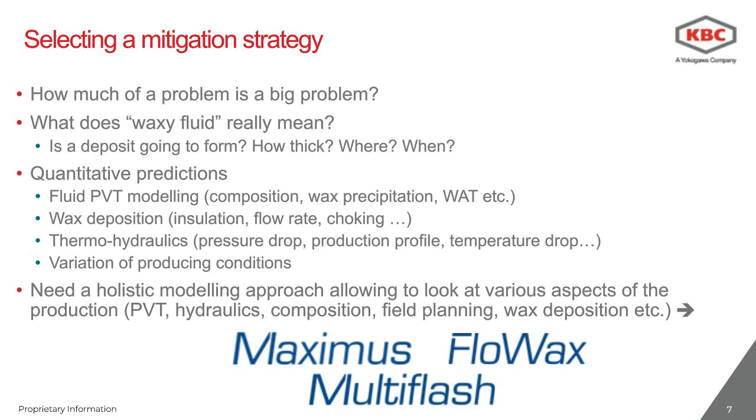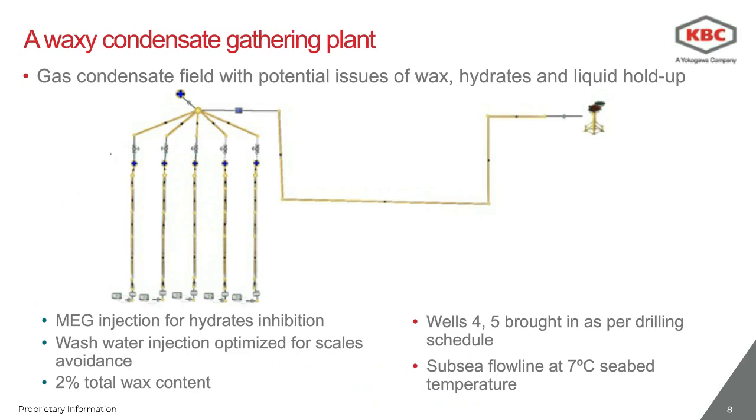And in order to do that, I will concentrate on a sample case. This is a high temperature, high pressure gas gathering system with various potential flow assurance problems. It has for sure hydrates problems, potential risk of liquid and water accumulation along the flow line, and because it's a waxy condensate, the potential for wax deposition in the pipeline.